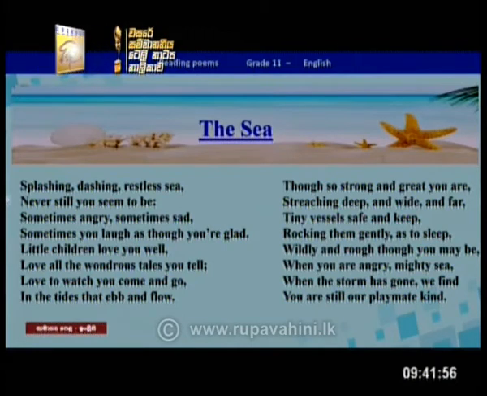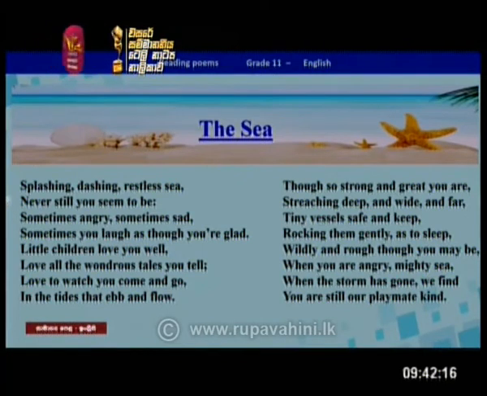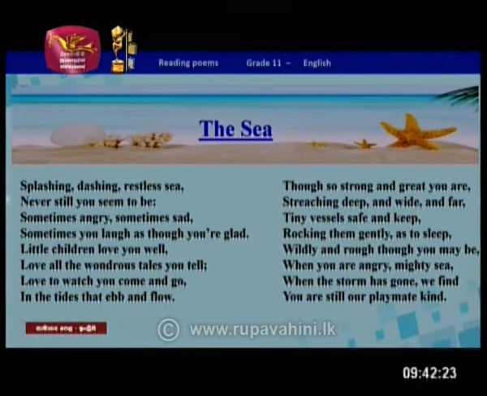Splashing, dashing, restless sea, never still you seem to be, sometimes angry, sometimes sad, sometimes you laugh as though you are glad. Little children love you well, love all the wondrous tales you tell, love to watch you come and go in the tides that ebb and flow.